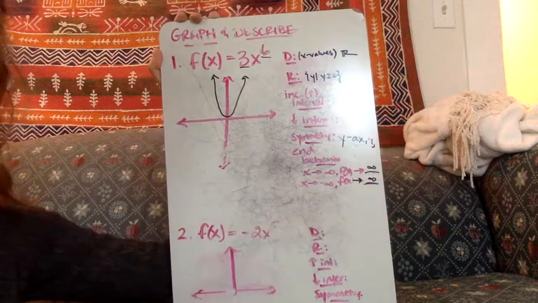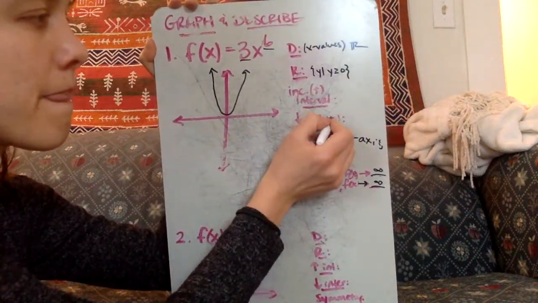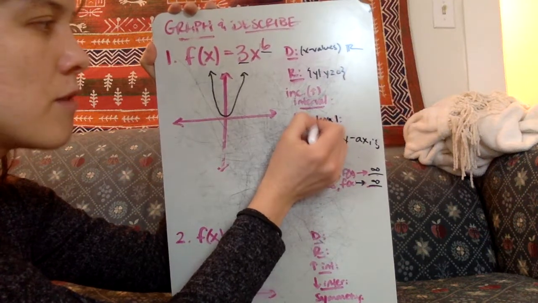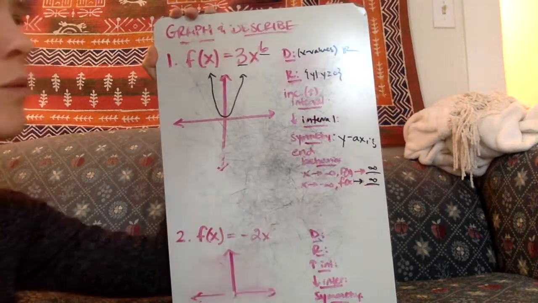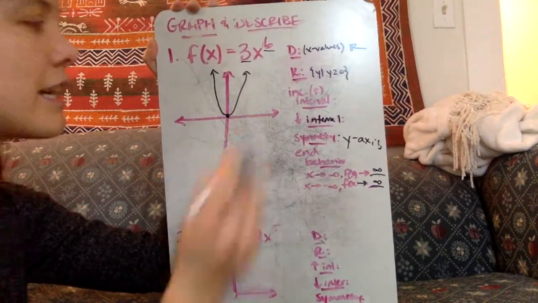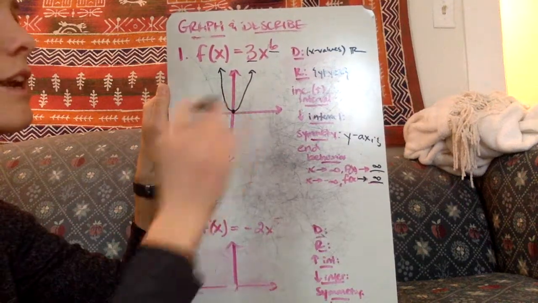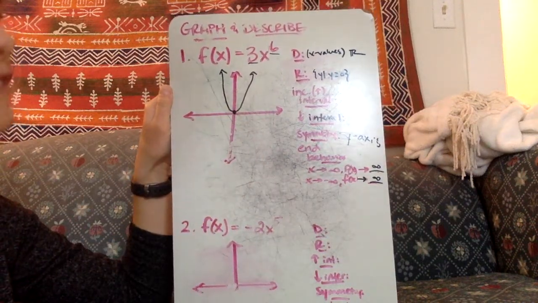My increasing interval, so this is a throwback a little bit to our graphing unit. My increasing interval is asking me where is the graph increasing? And it's increasing here from my absolute minimum at 0, 0. It's increasing from 0, 0 to infinity.